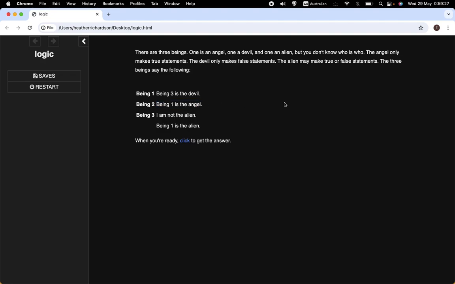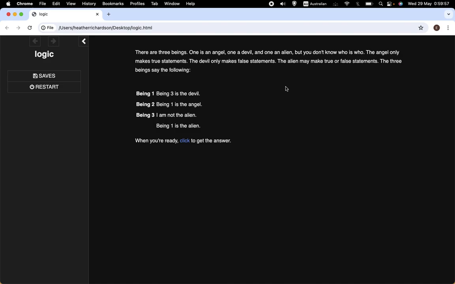So let's put a pin in that possibility of alien, devil, and angel, and let's look at the other possibility, which is that being two is the alien. If being two is the alien, well, then obviously the other two are the angel and devil, because that must be so given the introductory text. So it's either angel, alien, devil.